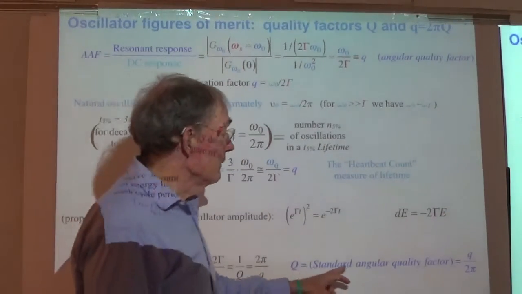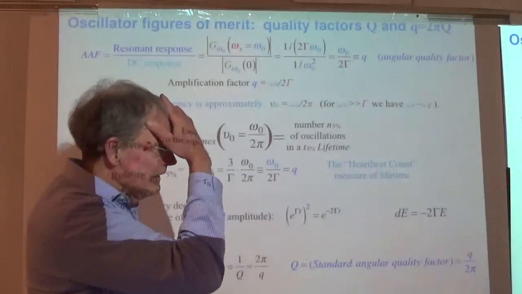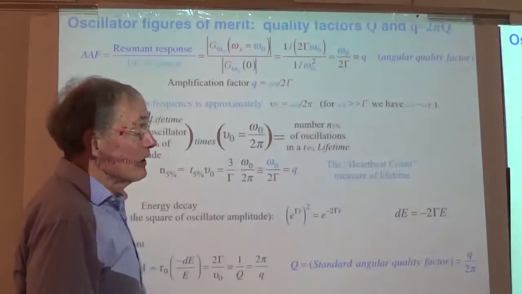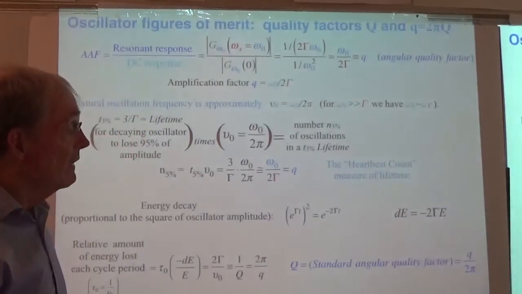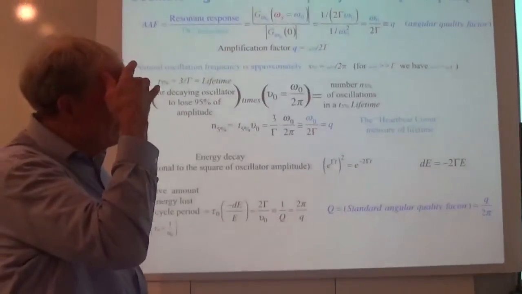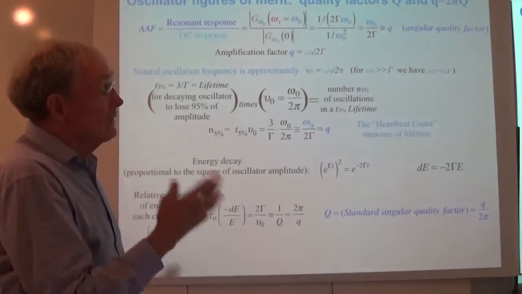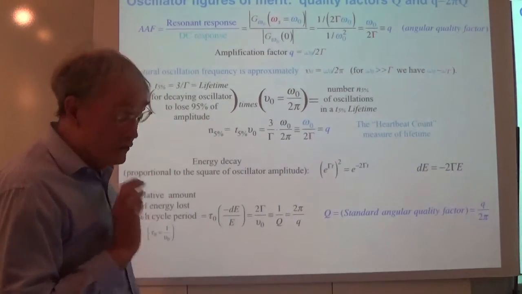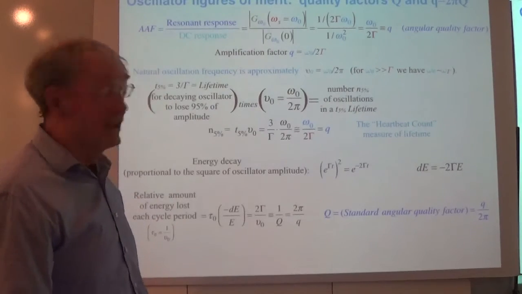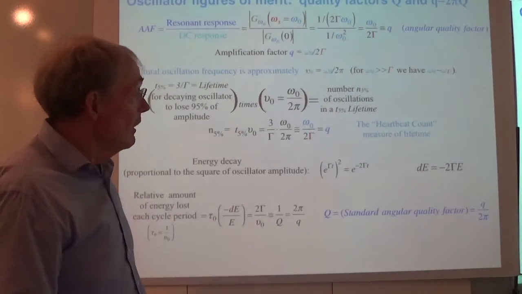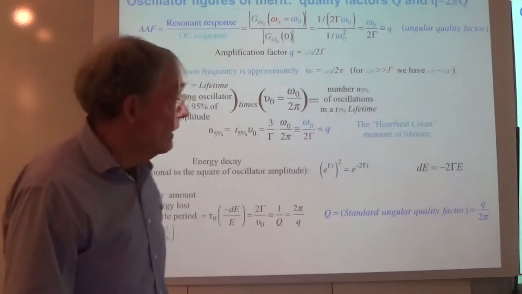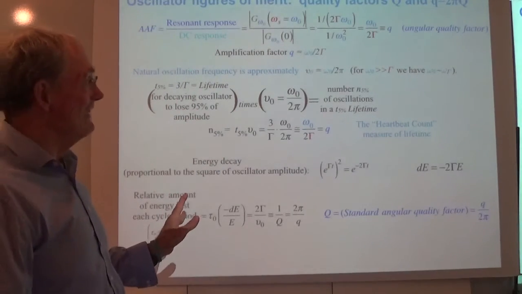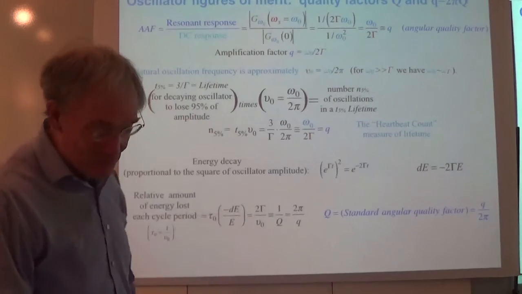So the standard quality factor is just 2 pi multiplying the angular one, just like nu is multiplied by 2 pi to give omega, or omega is divided by 2 pi to give nu, the real Hertzian frequency as compared to the angular frequency. Well, this is involving amplitudes now going up and down. That's curious. We went through that a little fast there.